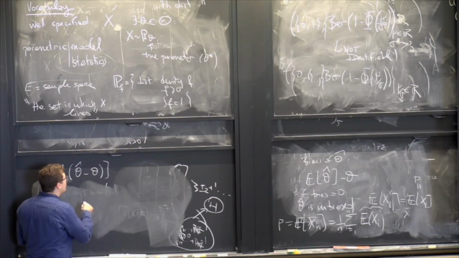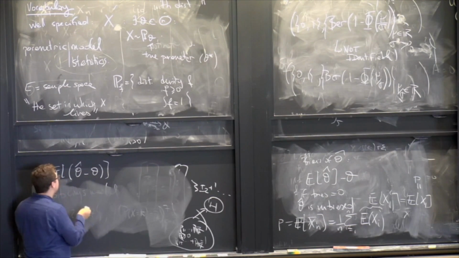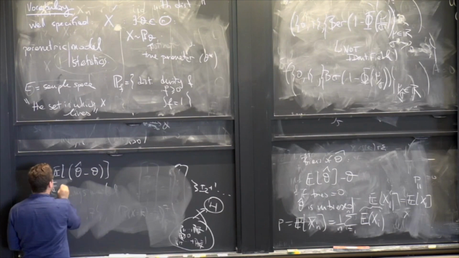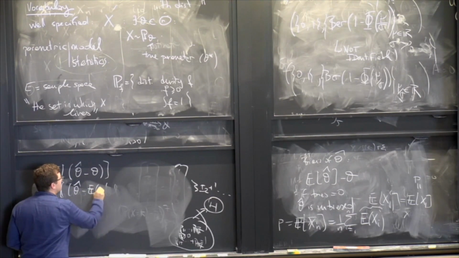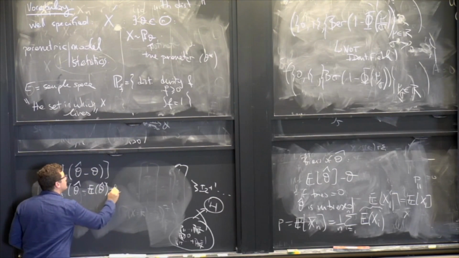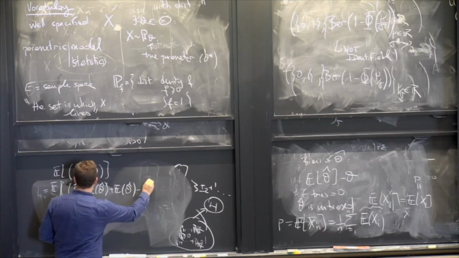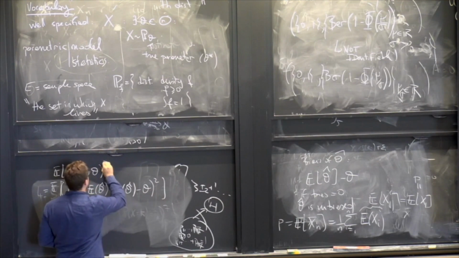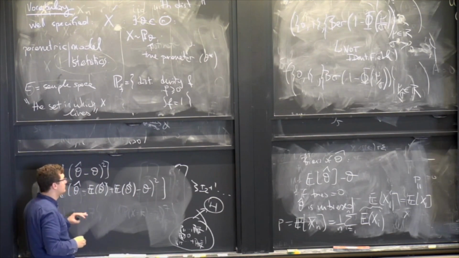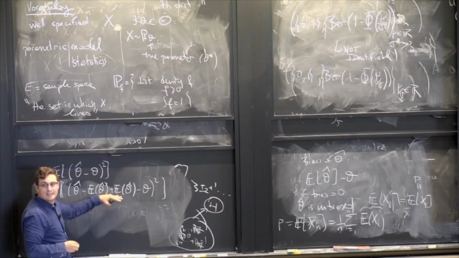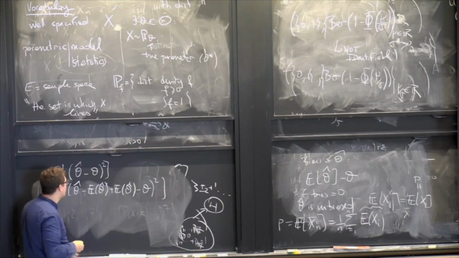So let me see how I can actually put the bias in there. Well, one way to do this is to say that this is equal to the expectation of theta hat minus expectation of theta hat plus expectation of theta hat minus theta. Sorry, this is squared. Okay? I just removed the same and added the same thing, so I didn't change anything.